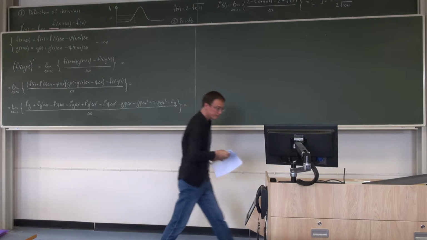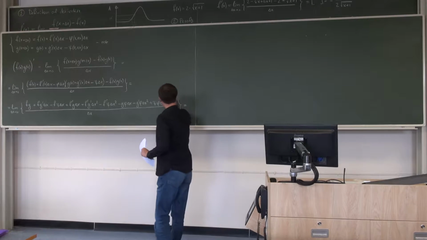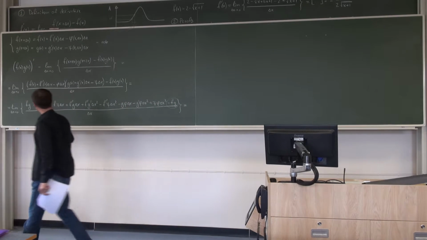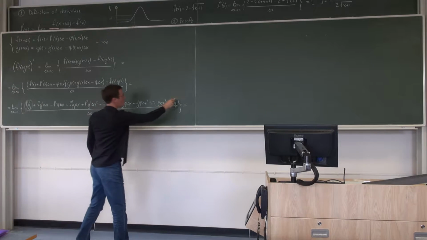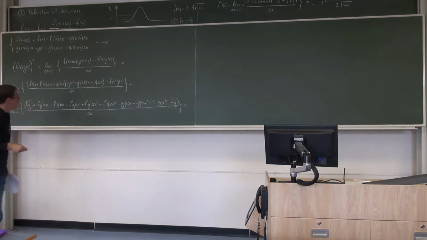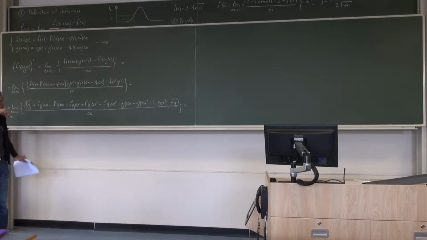Let's see what cancels. Our fg with a minus here cancels fg with a plus here. Let's look around. We have Δx squared in here, and it will be divided by Δx, but I reminded you how quickly different functions fall off and rise in the lecture about the limits.